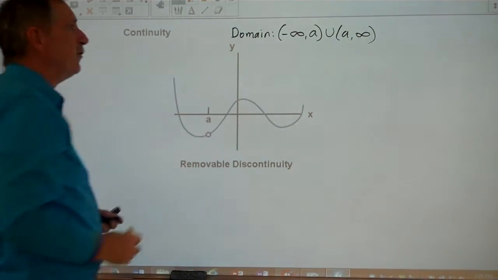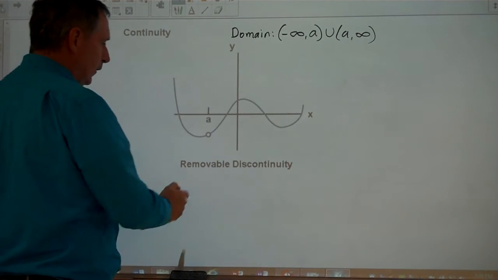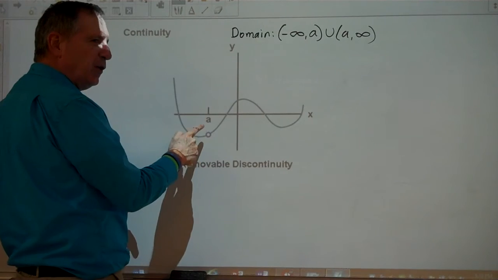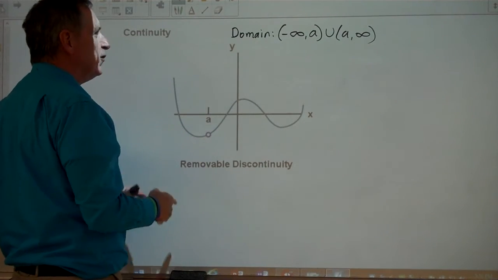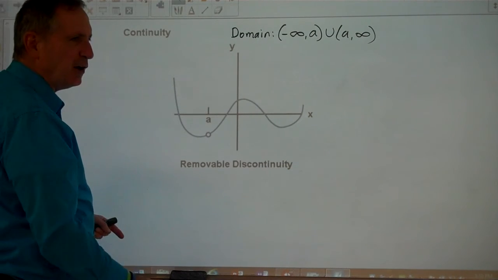So that's what this domain would look like for this particular situation. And removable discontinuity, anytime there's just a single point that you could fill in and make the function continuous, that would be a definition of a removable discontinuity.